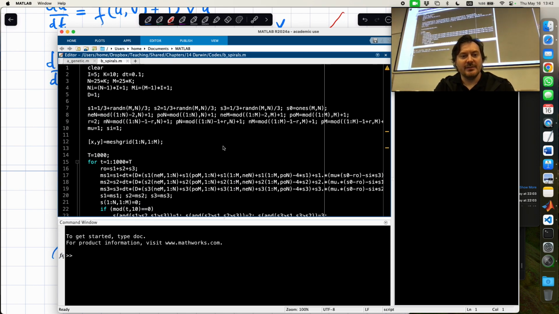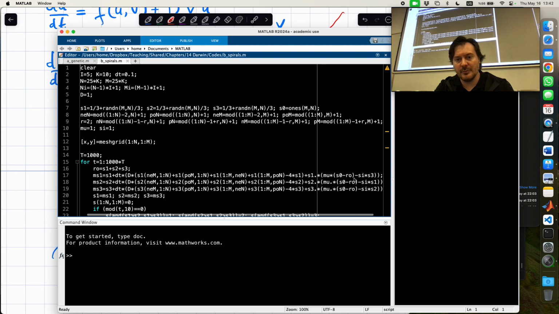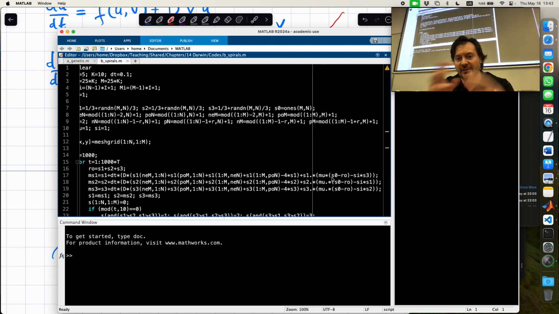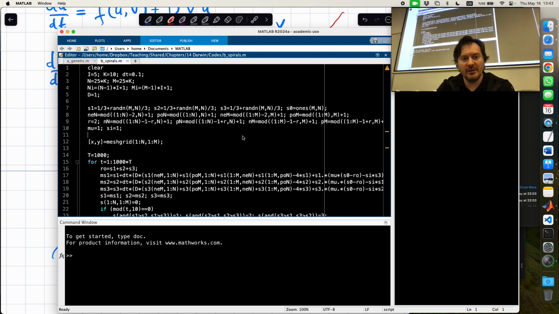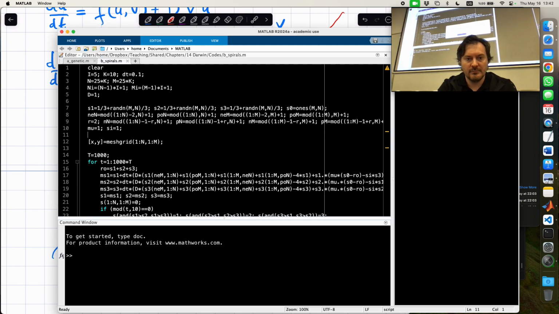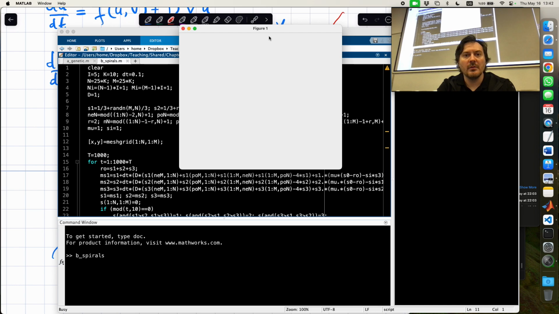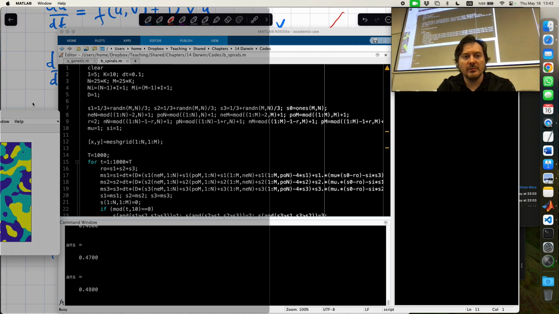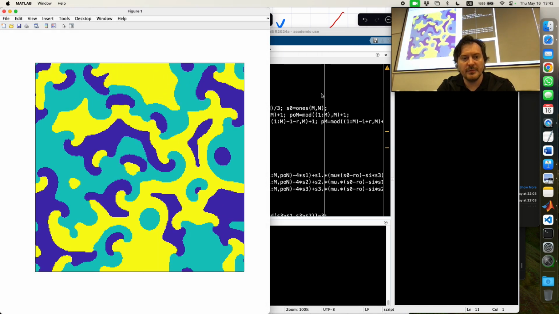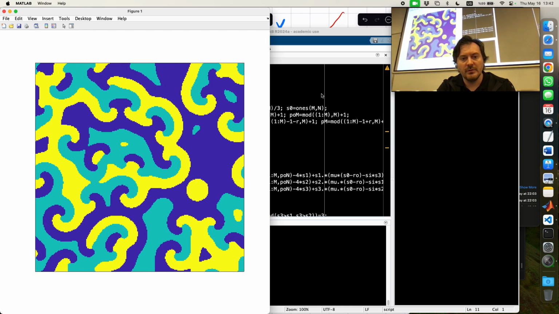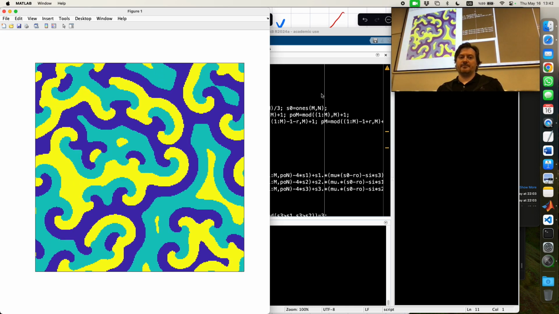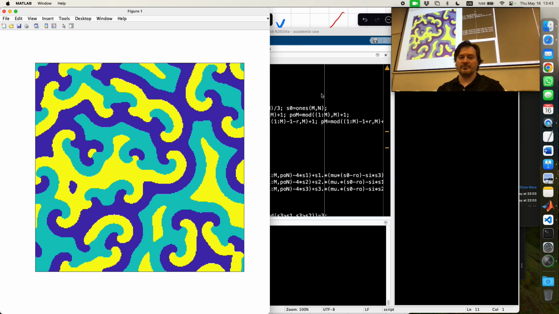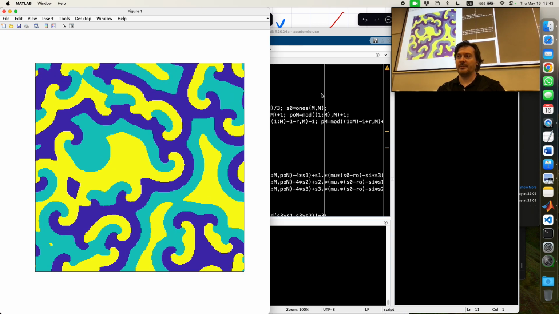Yes. Yeah, these are those three species, and this is the diffusion part. And this is where they eat each other. Okay, if you run this code, it starts like this, but then it settles into these spirals. Do you see the spirals?